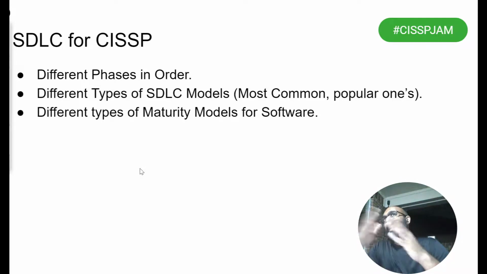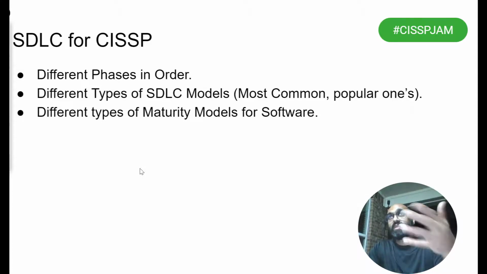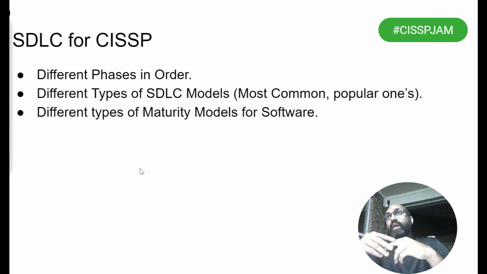So you don't need to know every one of those, but just be aware that there are multiple SDLCs out there that other companies follow. But try to understand some of the most common ones, whether that would be the waterfall method, spiral, agile development, and there are some combinations, like the spiral, I think, has waterfall in it, and things like that.